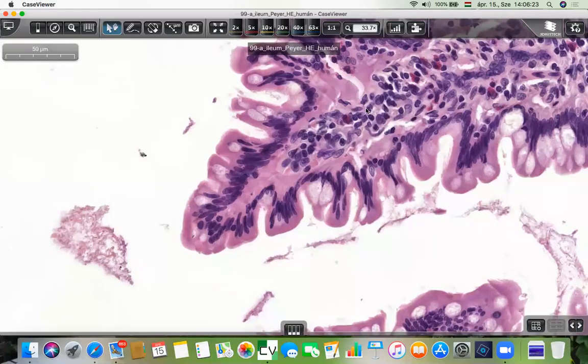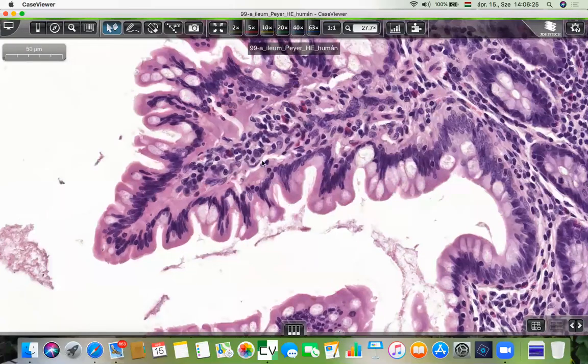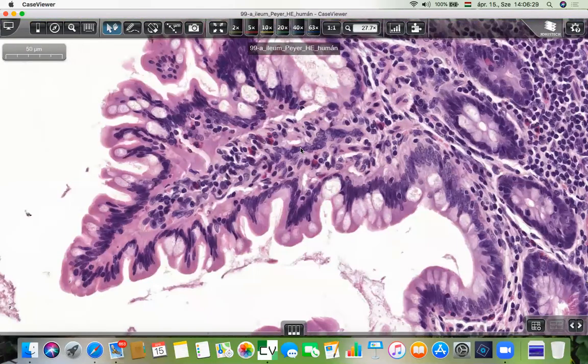The lamina propria, which is in the core of the villi, is cellular rich loose connective tissue. Mainly lymphoid elements are present here. And in the core of the villi, we can find vessels, small arteries and veins, and also a lymph vessel called lacteal.